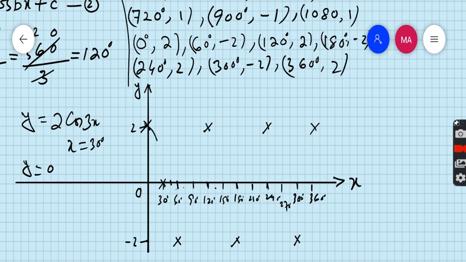So start from over here, and at what value again the value of y is 0, at what angle I am checking. If you take x is equals to 90 degree and put this value y is equals to 2 cos 3 into 90, you will get 0. So this is our second crossing point.